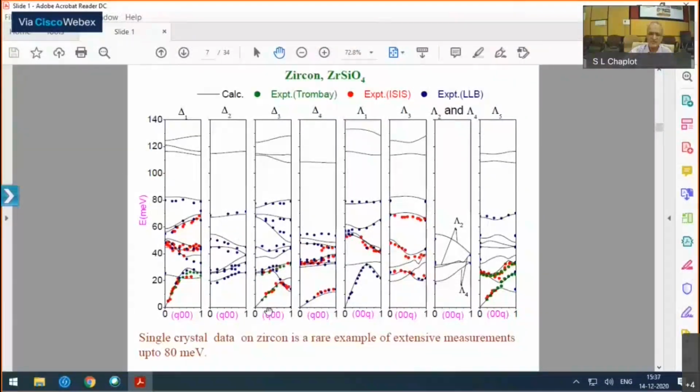And that may be because the phonons around this point have some relationship with some other specific thermodynamic properties or phase transitions. Well, that I'll probably tell you separately.